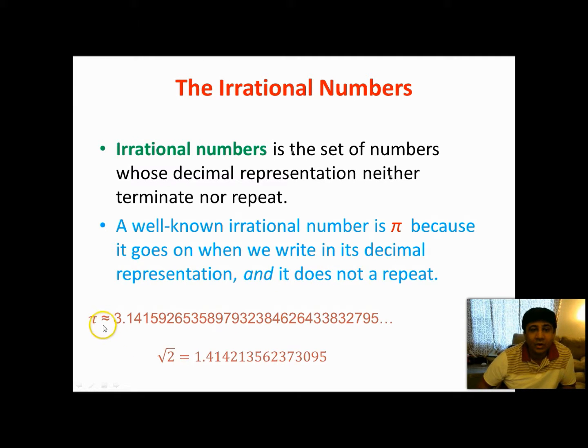If you recall pi, I remember just 3.1415, but it goes on and on. Similarly, another example is square root of 2. Square root of 2 never ends. It's not repeating, it's not terminating. So both of these are irrational numbers.